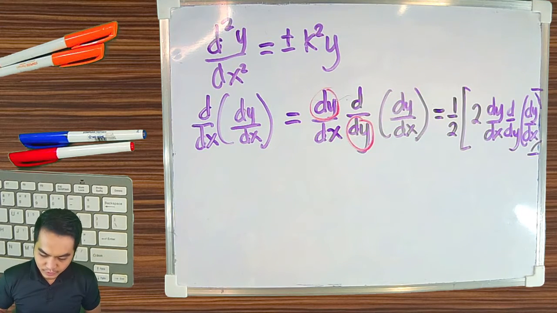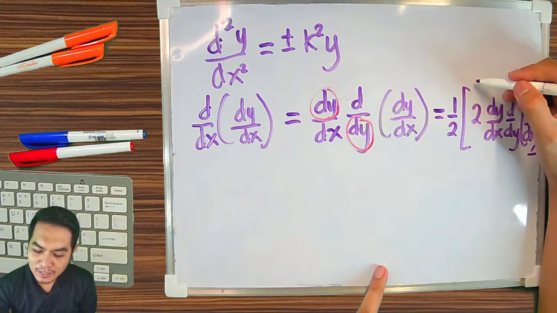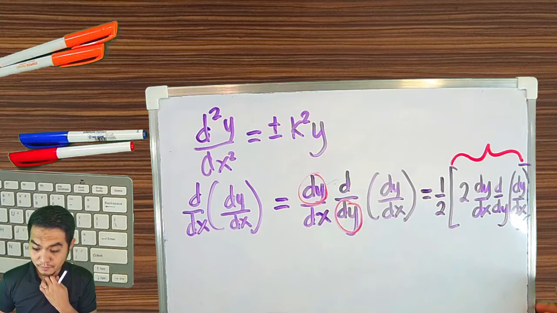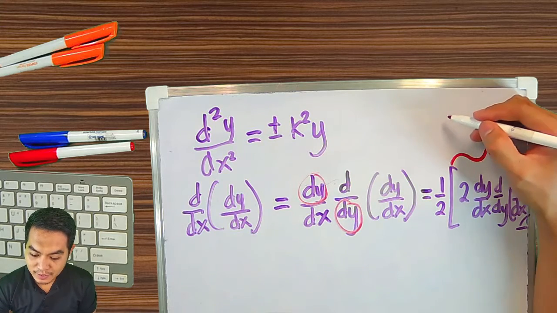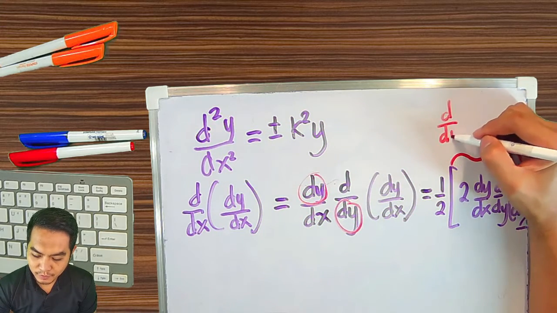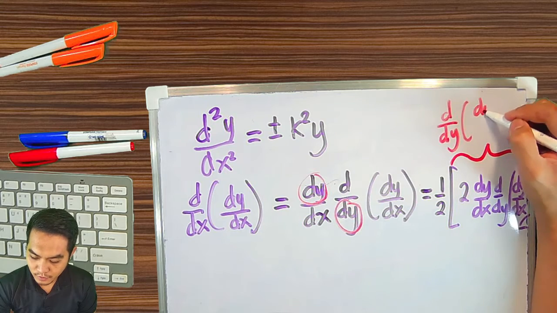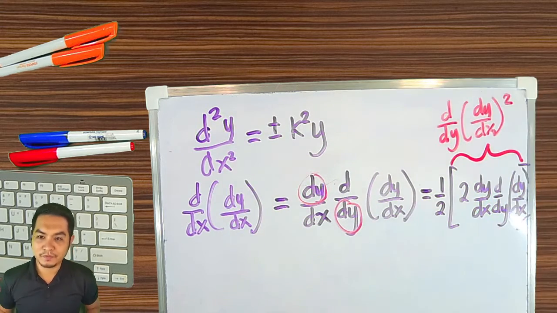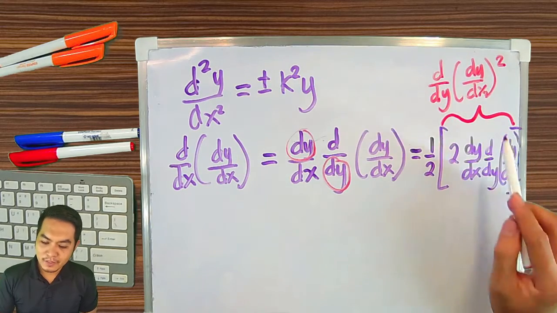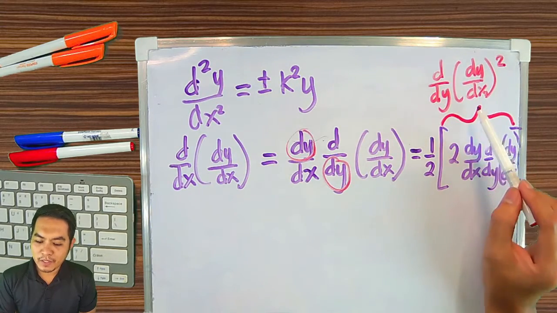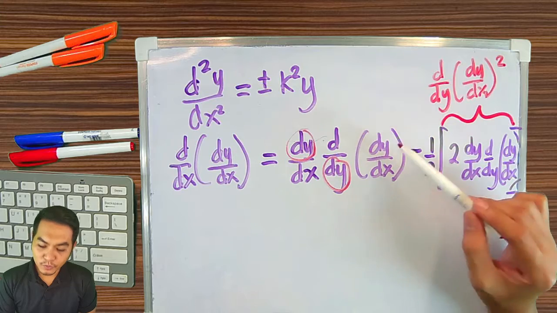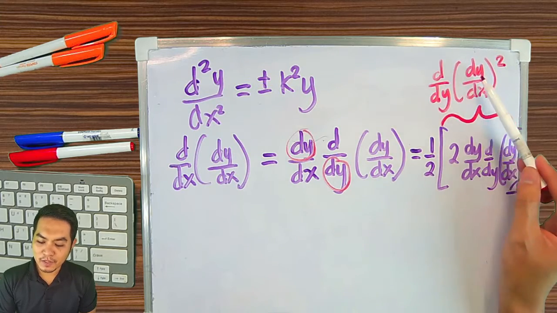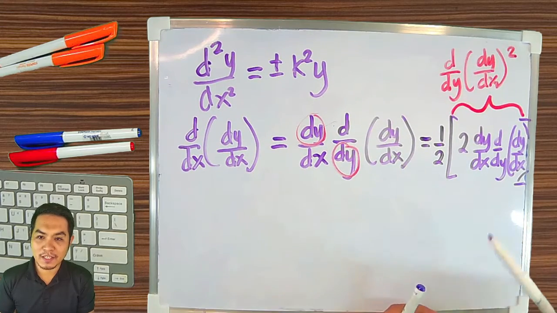Now, if you notice, this term here is basically the derivative with respect to y of dy dx squared. Can you check it? If you take the derivative with respect to y of dy dx squared, then you have 2 dy dx times the derivative with respect to y of dy dx. So you get essentially this one.